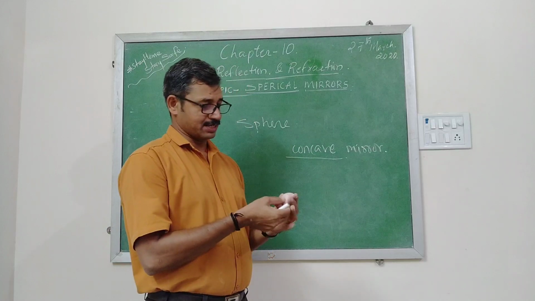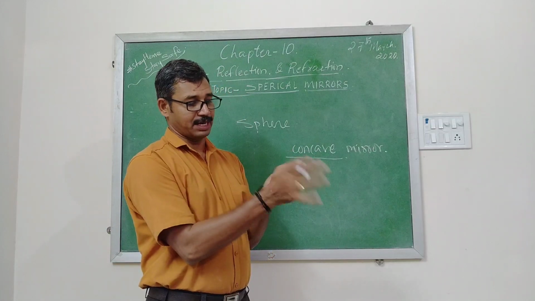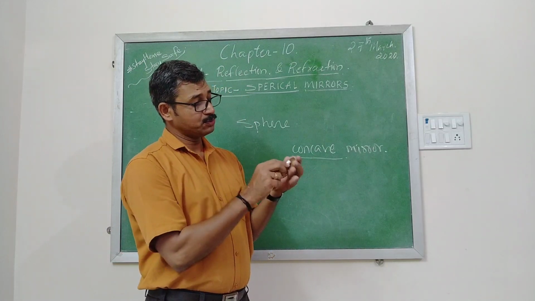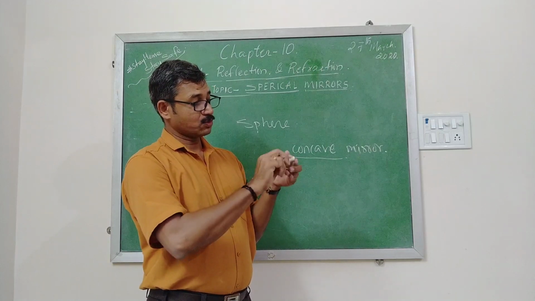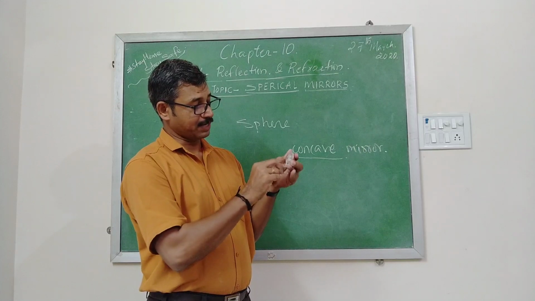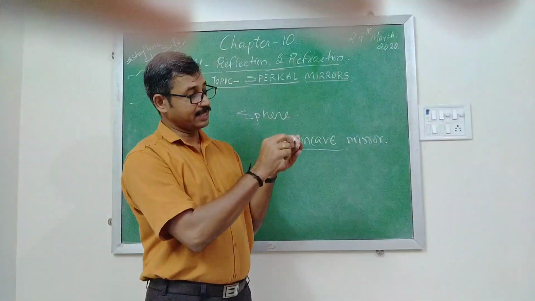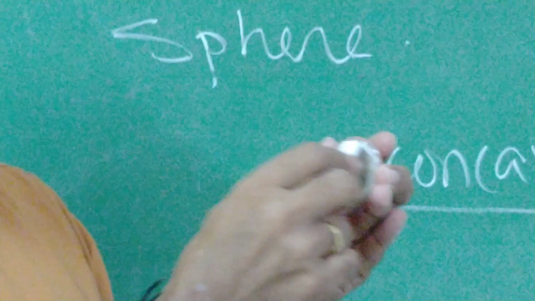Now how is the convex? Now, instead of the outside part, I am going to coat the inside part. Look, I coated the inside part. Fine? I hope all of you can see.